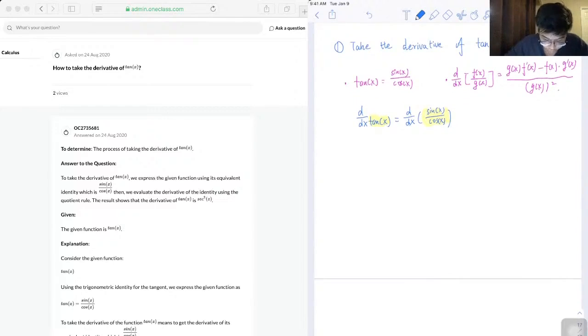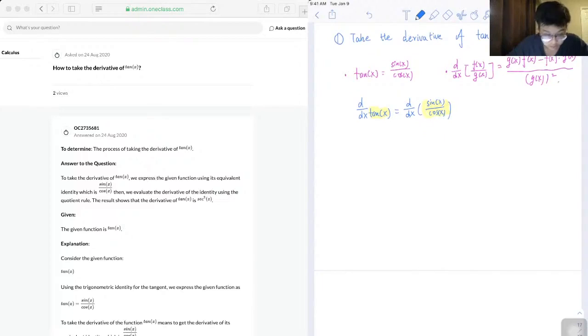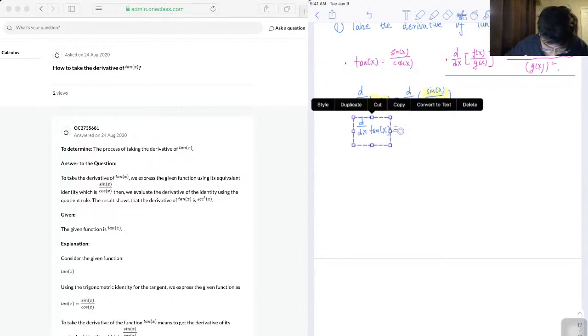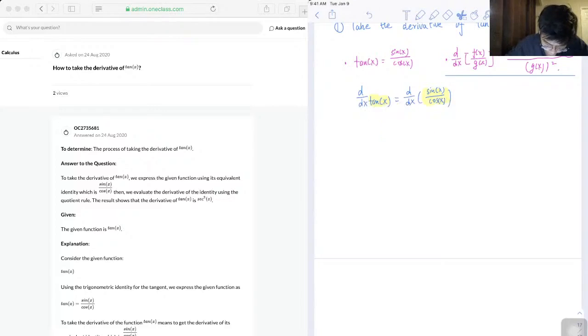Since there's a function over another function, sine x over cosine x, we need to apply the quotient rule. Let's just deal with the right-hand side first.